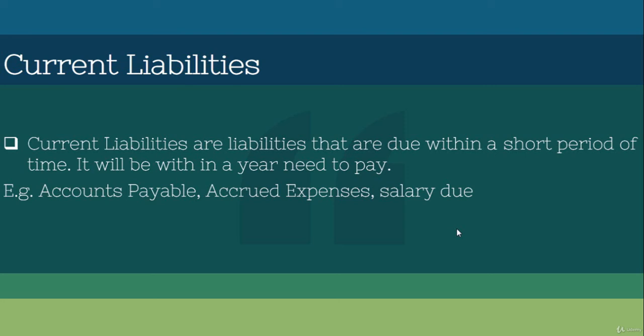Those are the debts we call liabilities. For example, accounts payable, salary payable, rent we should pay within 1 year, and the electricity we should pay within 1 year, something like that. These are current liabilities.